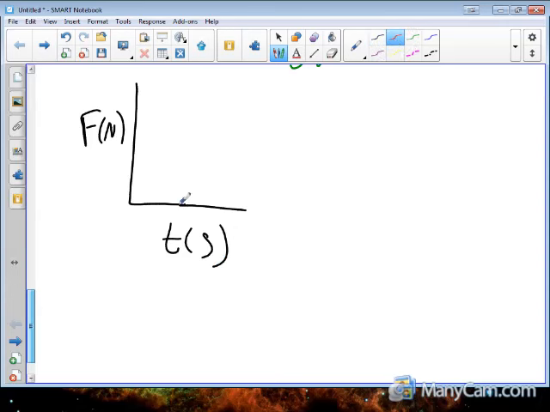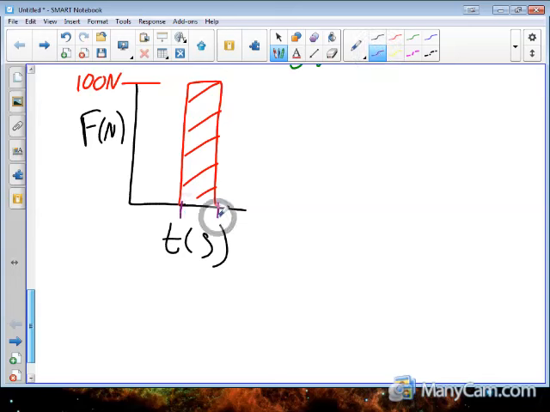And let's say that I have this graph that looks like that, and it goes all the way up to 100 newtons and some time interval of 2 seconds. I want to know what is the change in momentum from this force that acted for 2 seconds. So really what I'm asking is, what is the area under the curve?